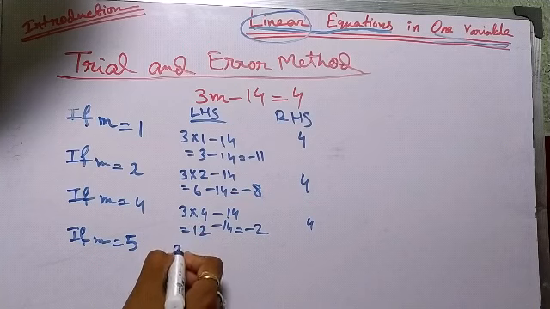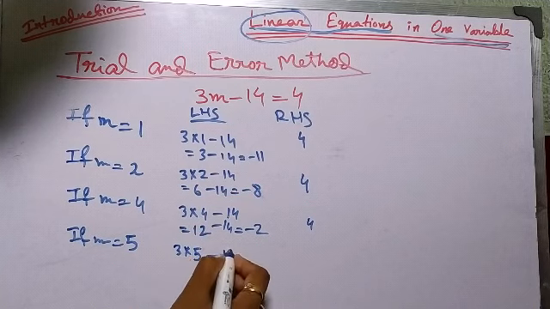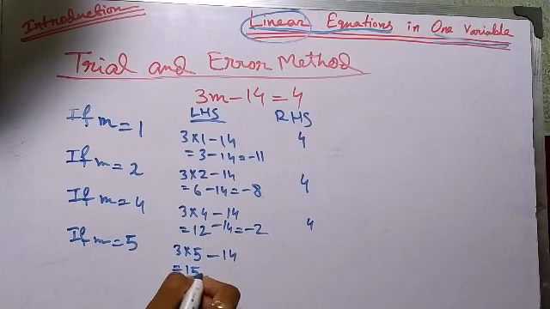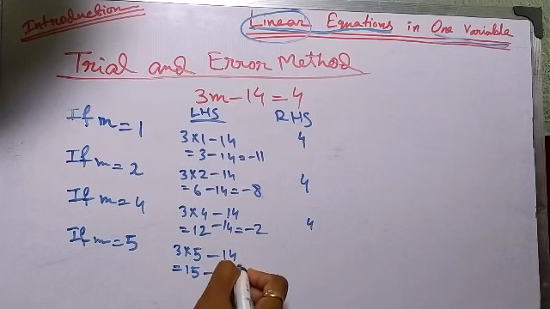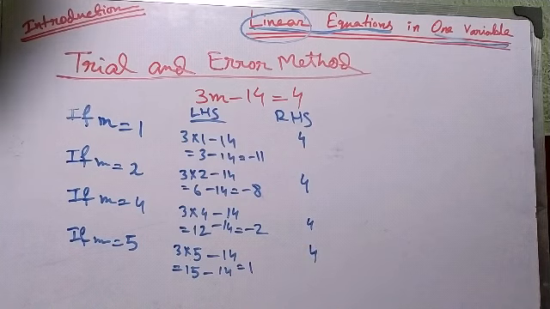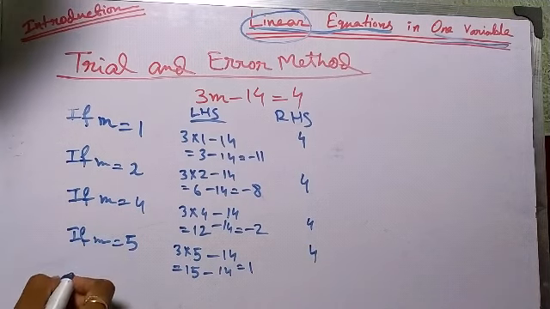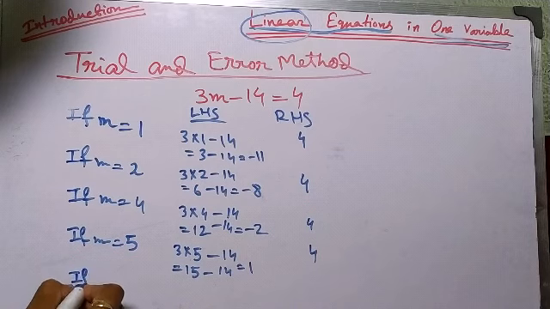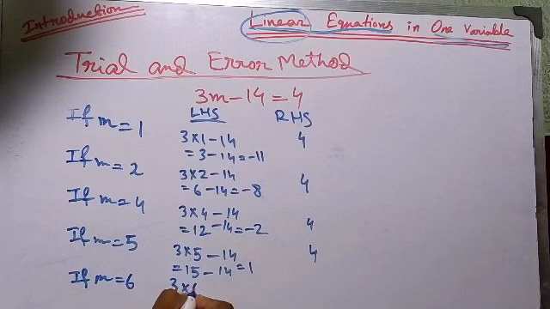Now that will be 3 into 5 minus 14, that means 15 minus 14. So it will come 1, but here the RHS part is 4. Now the value of m we can take 6. 3 into 6 minus 14, that means 18 minus 14, that means 4.